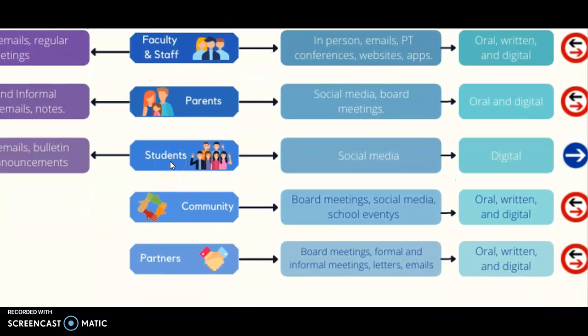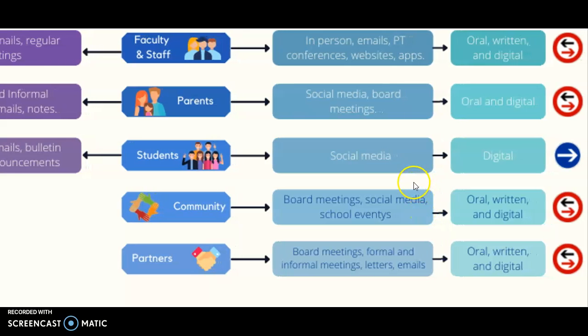The members of the community do not talk directly with teachers and staff within my school, but they do participate through board meetings, social media, and school events. And this happens with oral, written, and digital communication.